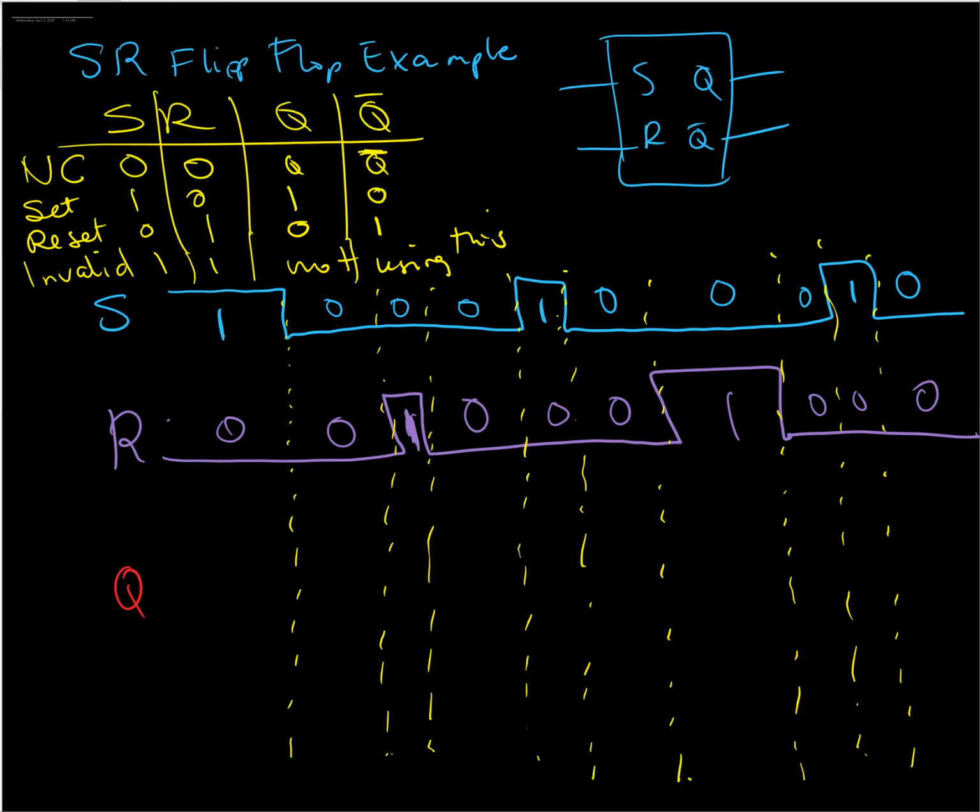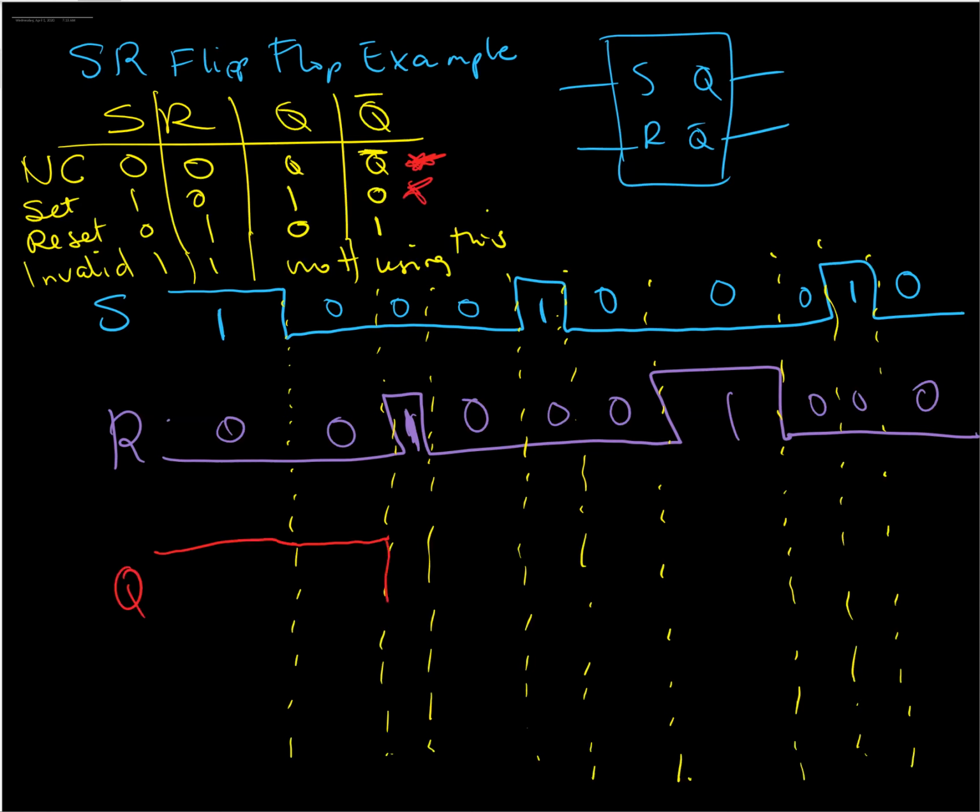So with S1 and R0, that's going to be the set state here where Q is high. And then when it becomes 0, 0, that's this state here, which is the no change. Now remember, for no change, it depends on what the value of Q was before we entered the no change state. So because Q is high, it's going to stay high. Then S goes to 0 and R goes high.